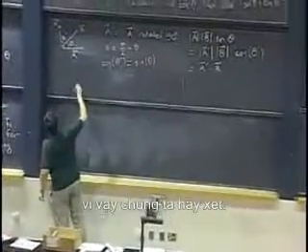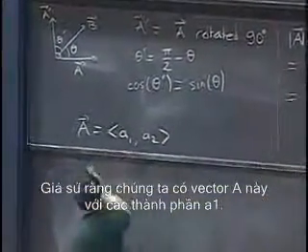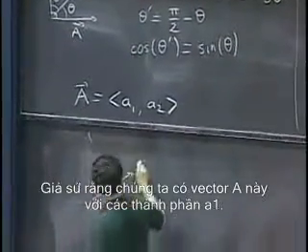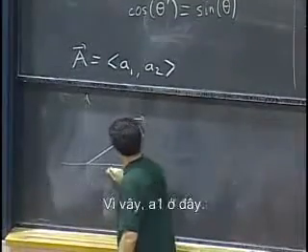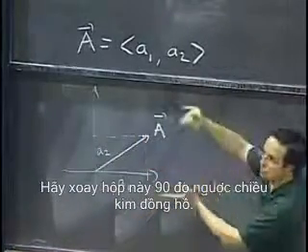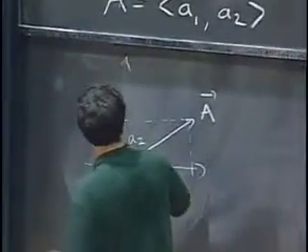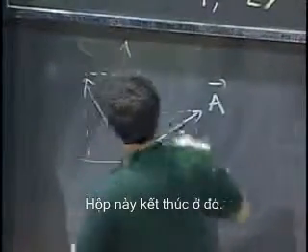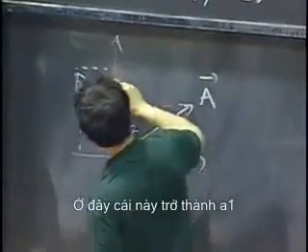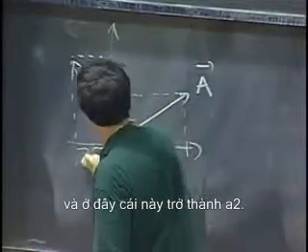So let's see. Let's say that we have this vector A with components A1, so A1 is here, and A2, so A2 is here. Okay, let's rotate this box by 90 degrees counterclockwise. So this rectangular box ends up there. It's the same box, just flipped on its side. So this length here becomes A1, and this length here becomes A2.